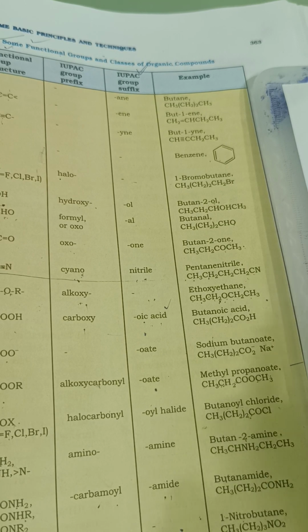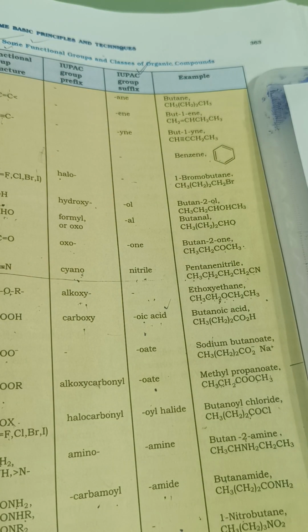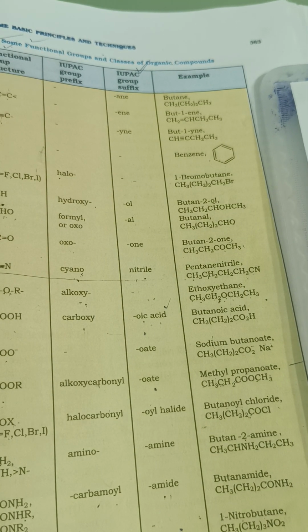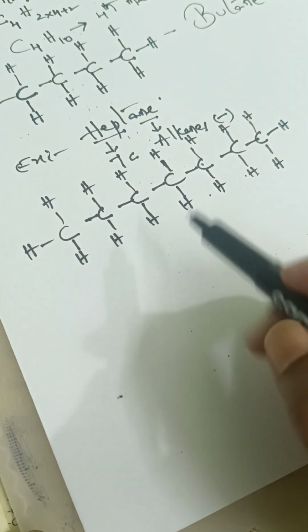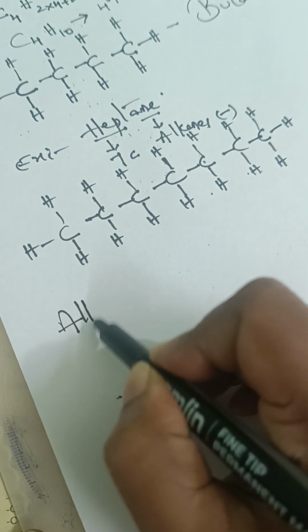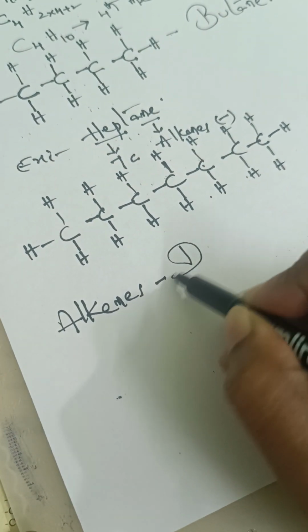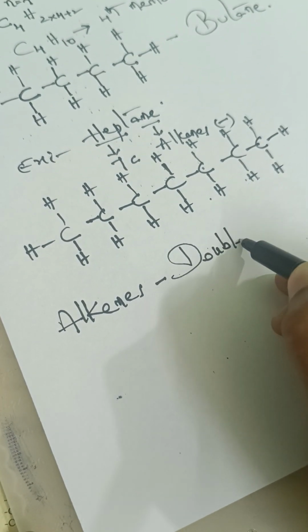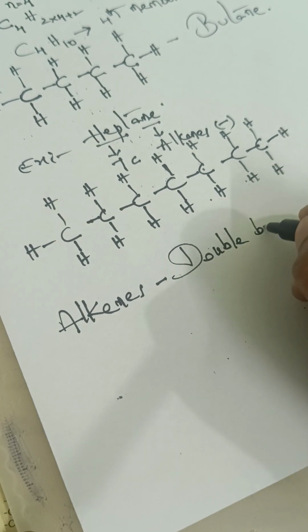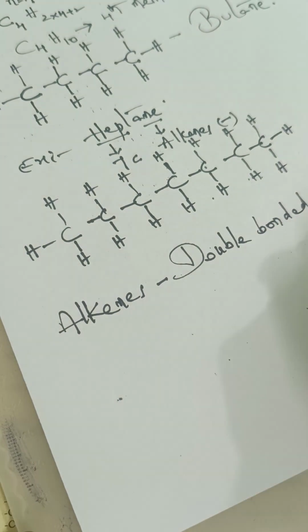Next we take butene. We go to alkenes. Next class of compound is alkenes. Here I am writing alkenes. Alkenes are double bonded compounds.